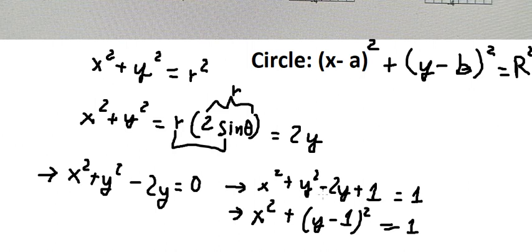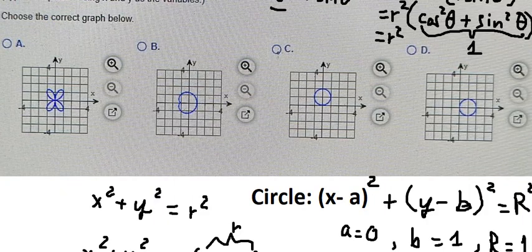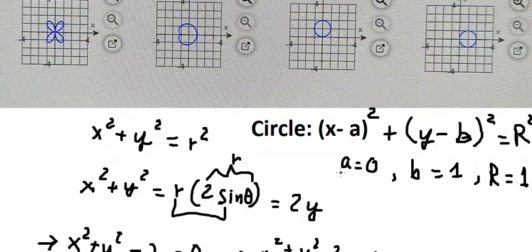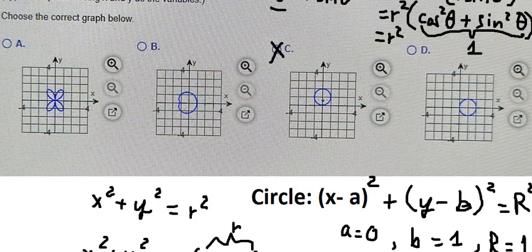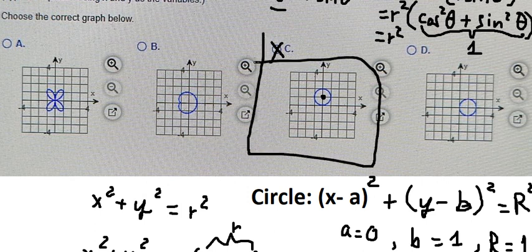So a in this situation is number 0, b is number 1, and R equals number 1. This is about 1 squared. So we need to select C, because the center of the circle is 0, 1, and that is C. This is the end.